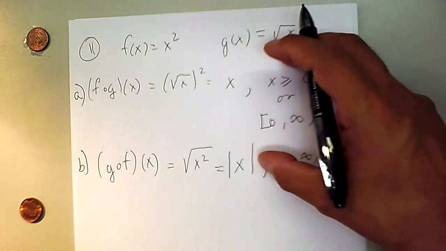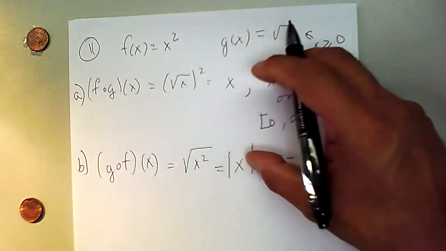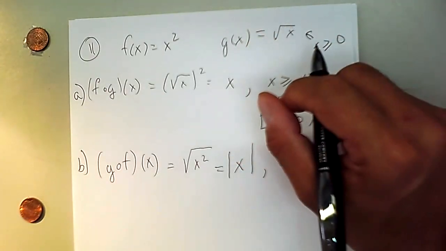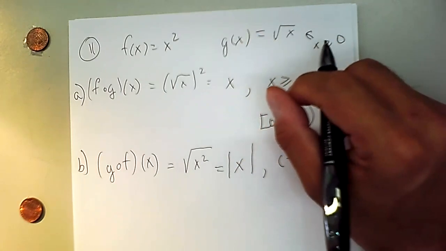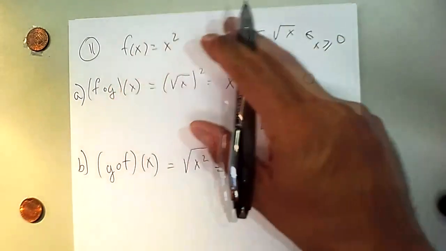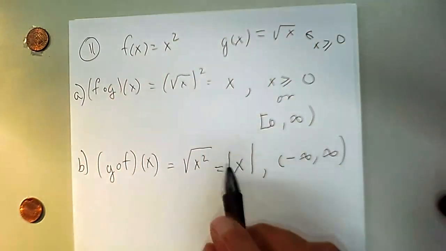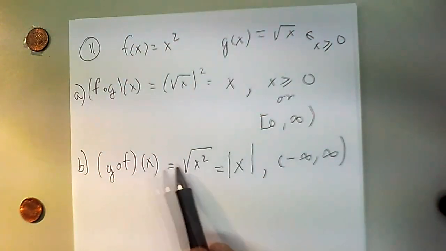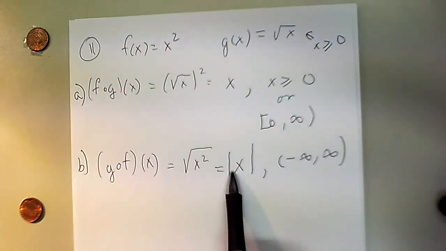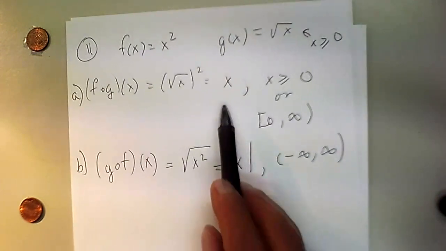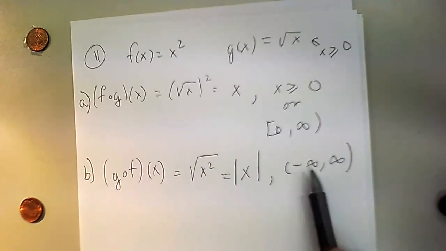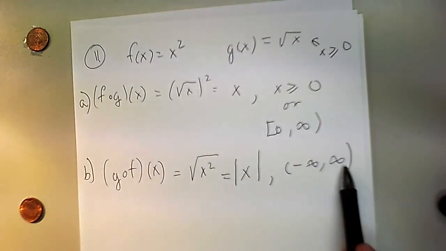Pay attention to those two. Those two are very, very tricky problems. One, because this one simplifies to the absolute value, not just x, and we have all the real numbers as the domain.